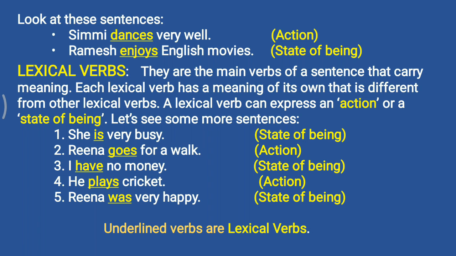So this is the lexical verb. He plays cricket. Here plays shows an action and it is a lexical verb. Reena was very happy. Here was is a verb and it shows state of being. So underlined verbs are called lexical verbs.